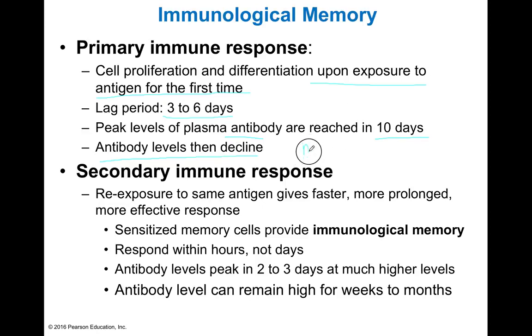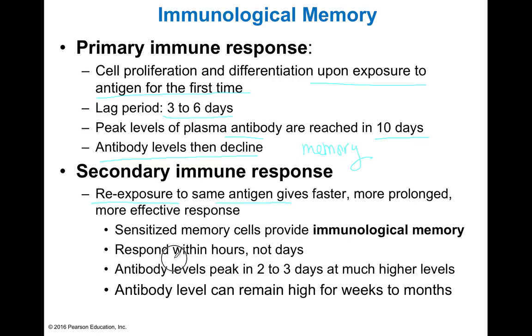So the memory cells that you created are going to stay inside the body, and then when you have re-exposure to the same antigen, what do you do? You use your memory cells this time. Therefore, you're basically creating something called an immunological memory.